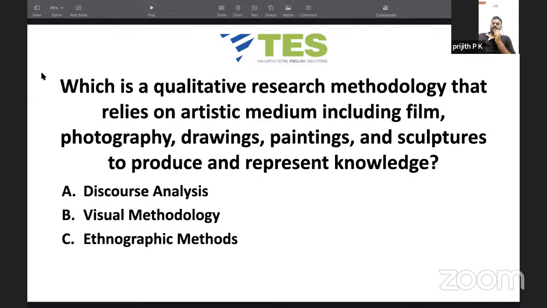Which is a qualitative research methodology that relies on artistic medium, including film, photography, drawings, painting, and sculptures, to produce and represent knowledge? Options: discourse analysis, visual methodology, ethnographic methods.